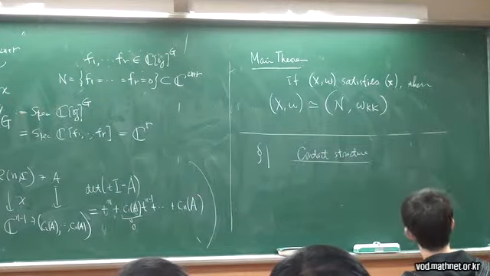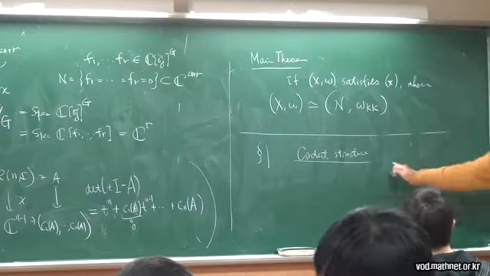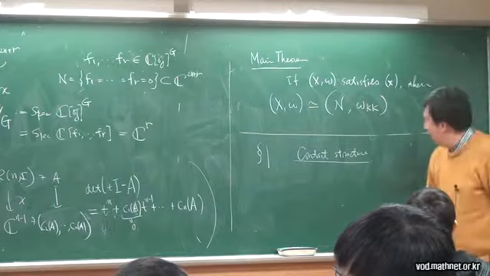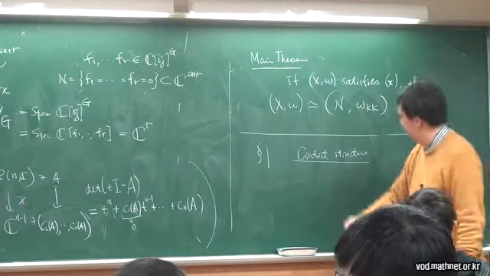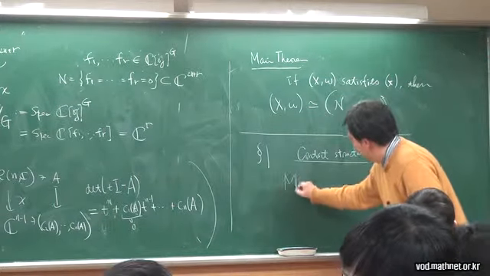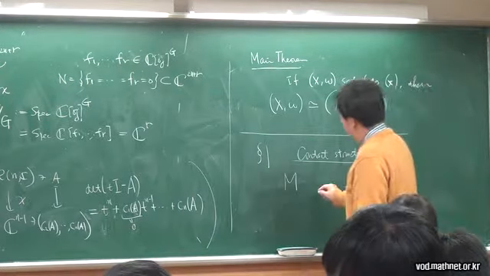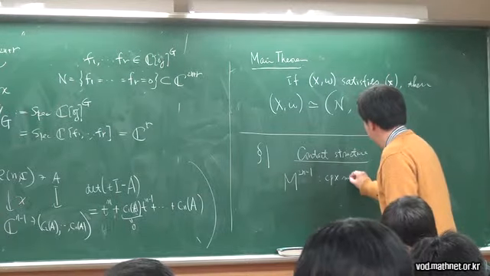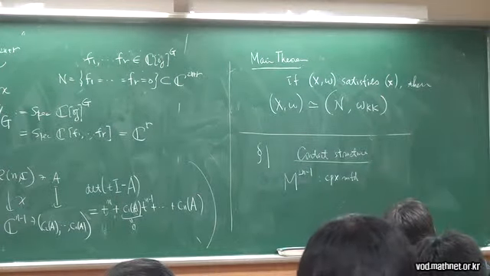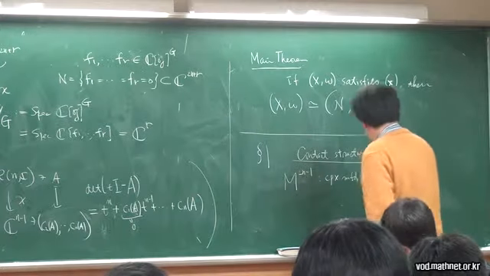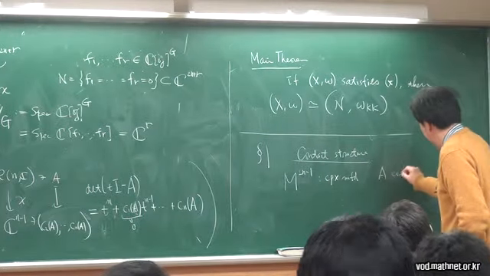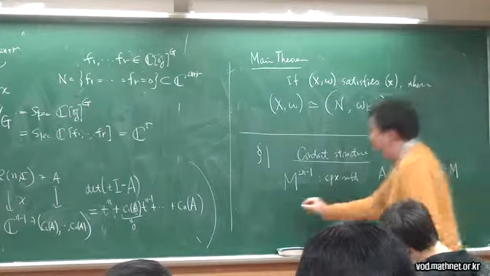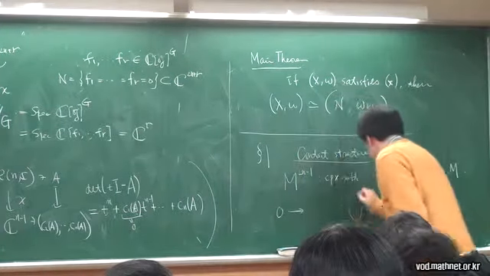What is contact structure? For example, you can consult Arnold's book on mechanics. If you start with M, a complex manifold of odd dimension 2n minus 1, then a contact structure on M is nothing but the following exact sequence.